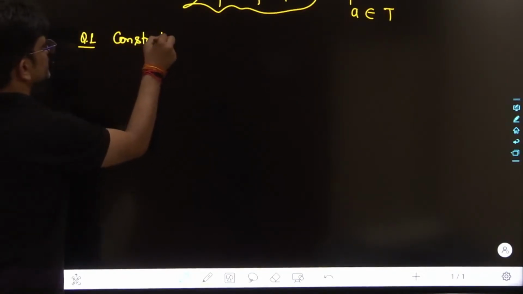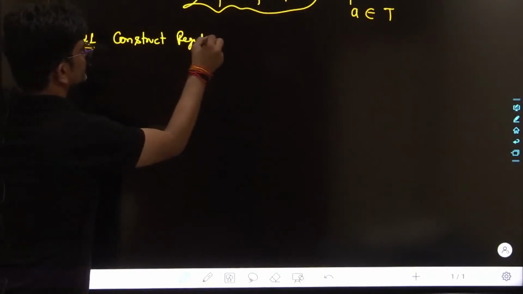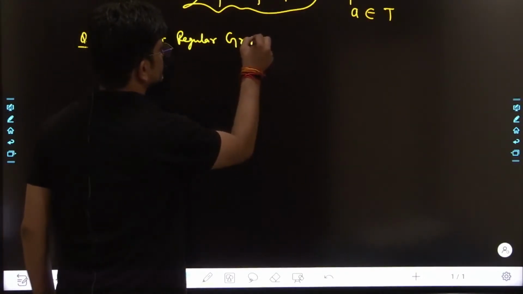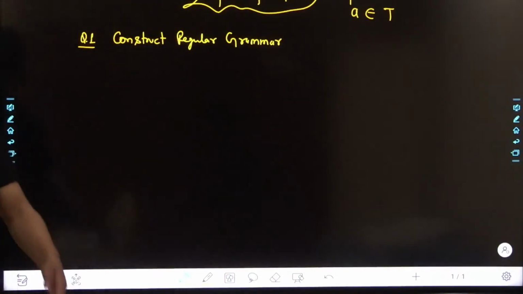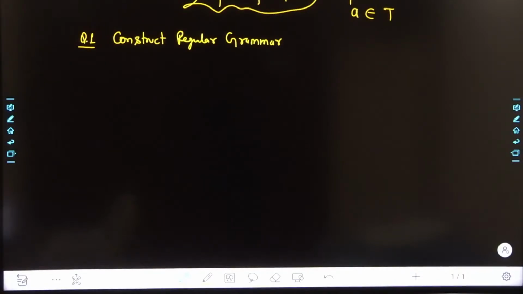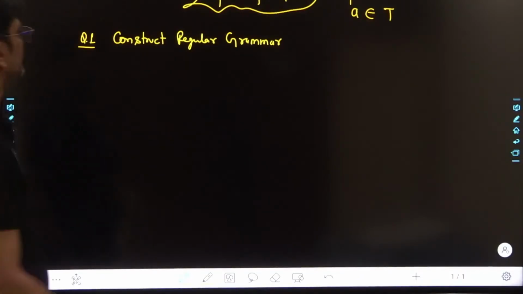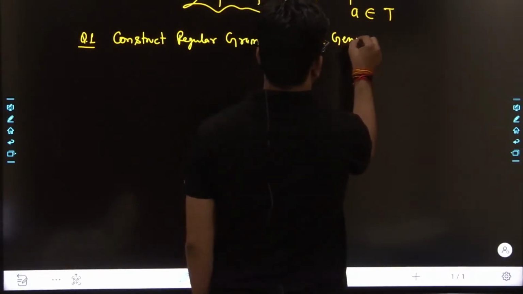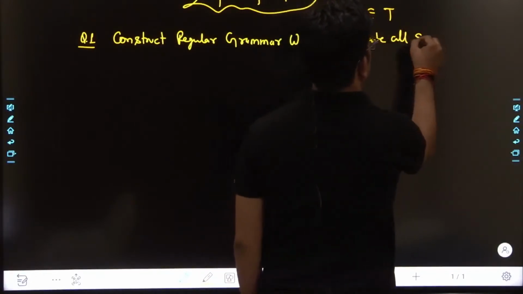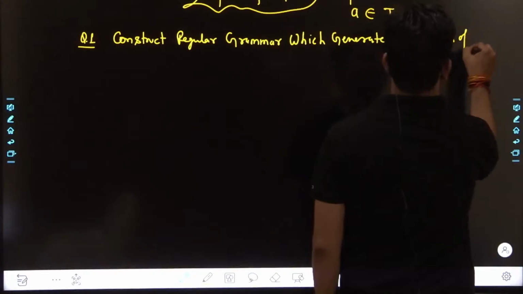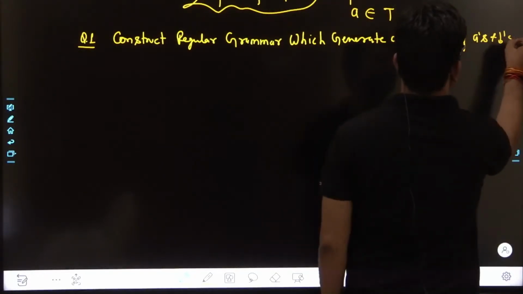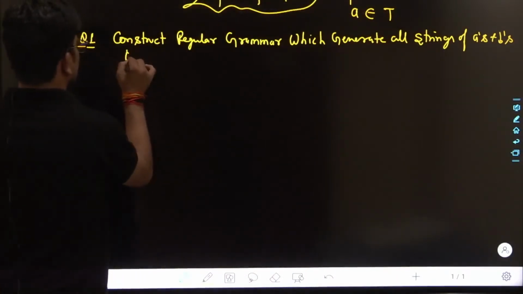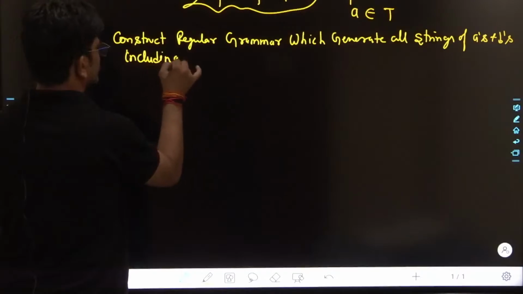Construct a regular grammar which generates all strings of a's and b's, including epsilon.